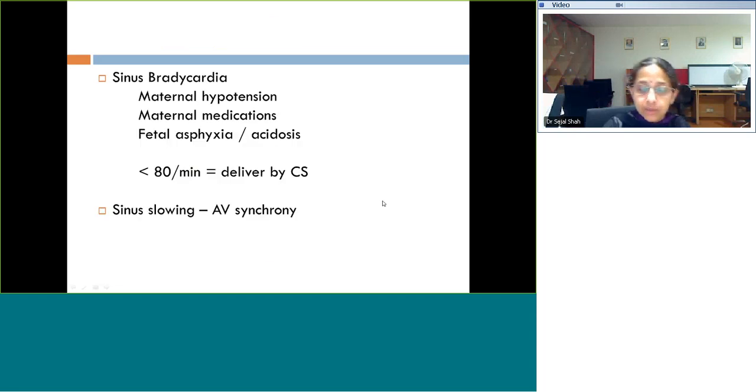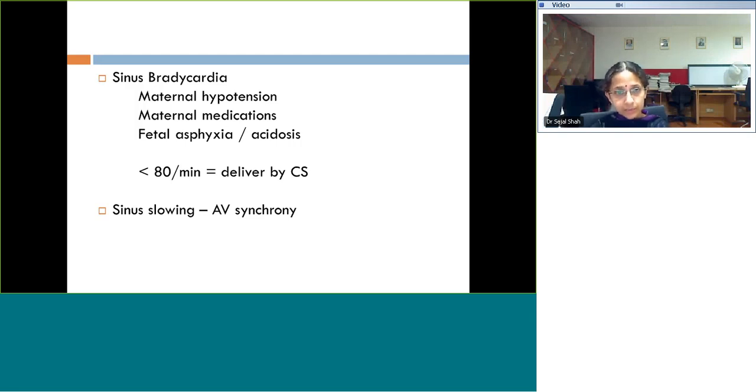Now, once we know that the heart rate is on the lesser side, what do we do? So there are situations where we have sinus bradycardia, which can happen with certain maternal medications, or it can happen with fetal asphyxia or acidosis.